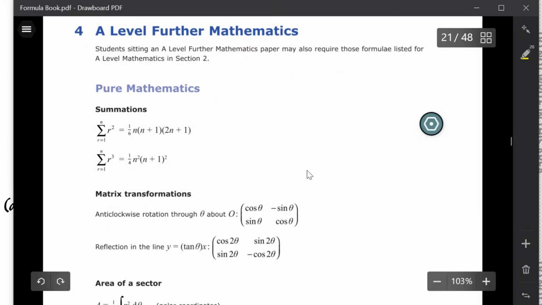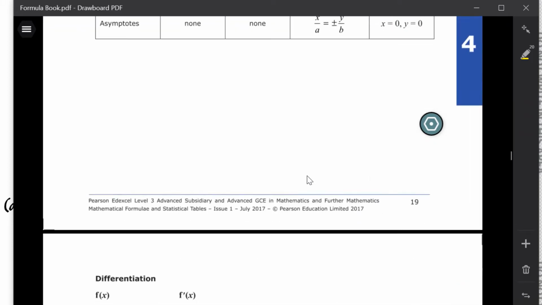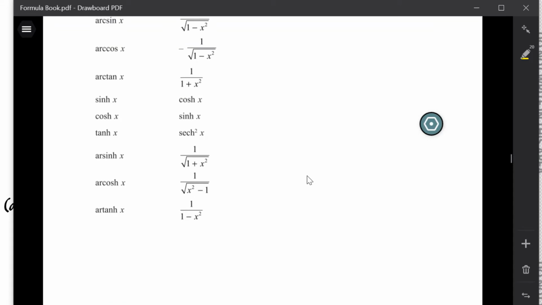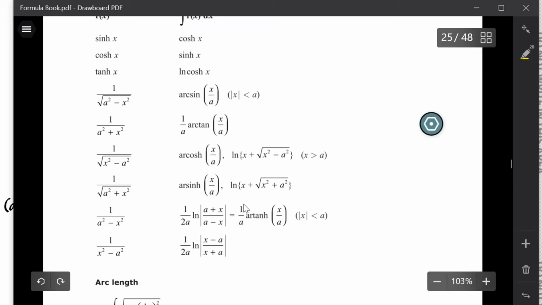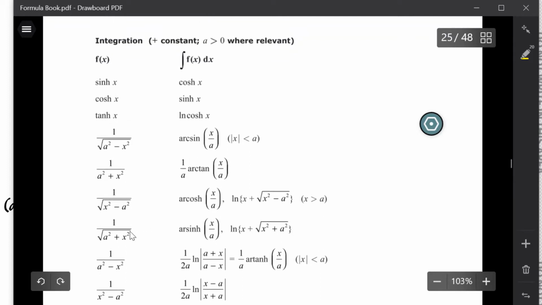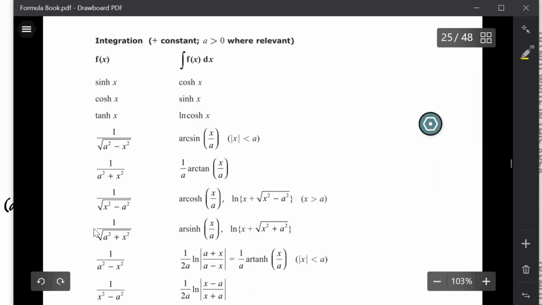And if you go to the formula book, hopefully you'll find under the integration section the inverse hyperbolic sine. That's over here. Perhaps if I highlight this, we would at some point have to use this result over here.